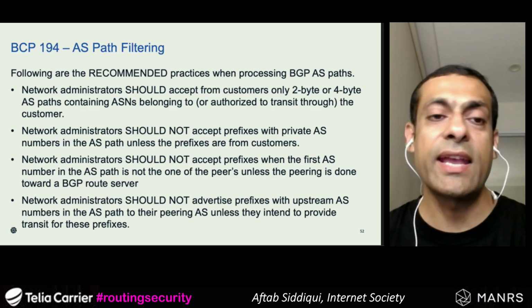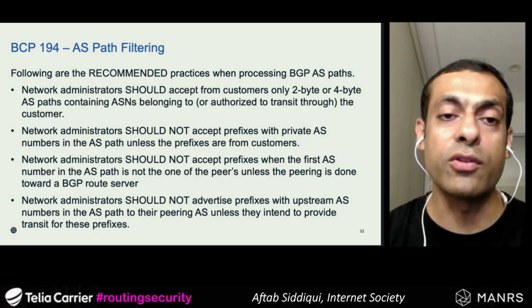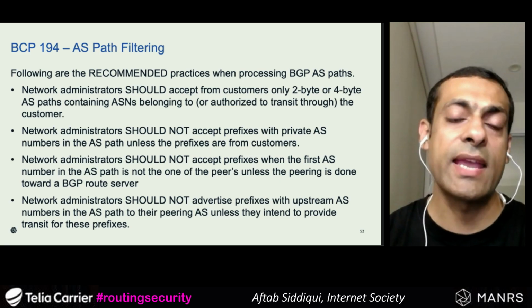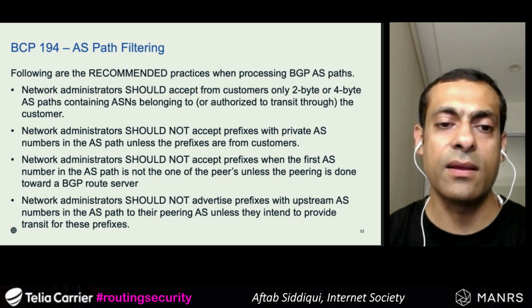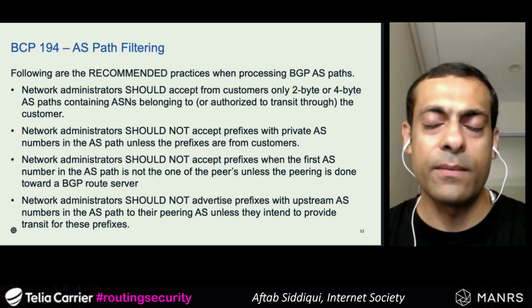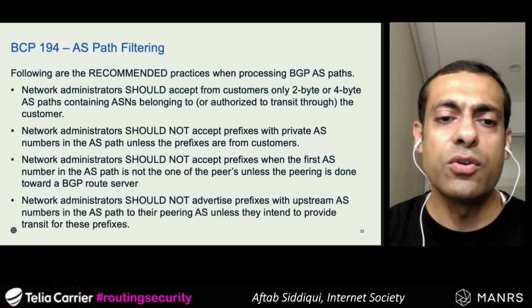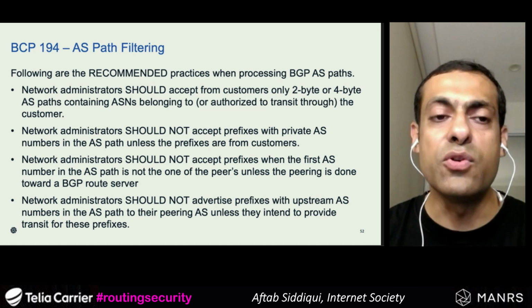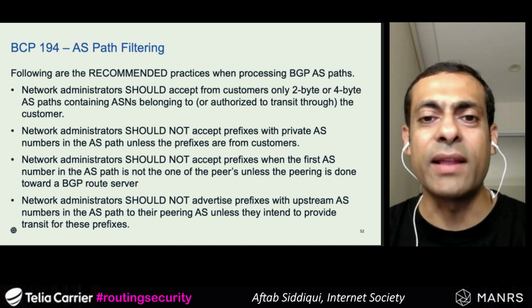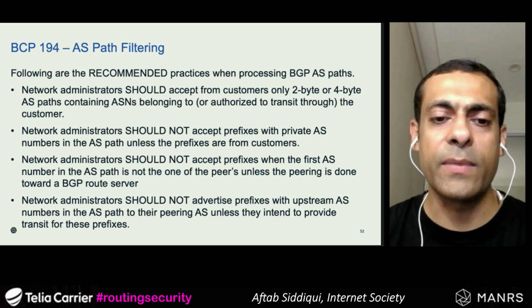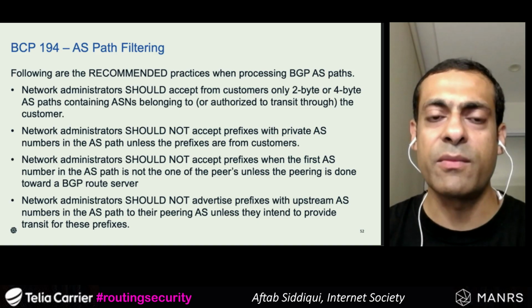For example, they can bypass the RPKI or the ROA validation filters, and they can bypass other filters if they are based on the IRR database. So make sure that you do filter on AS path length plus AS as well for your downstream customers as well.